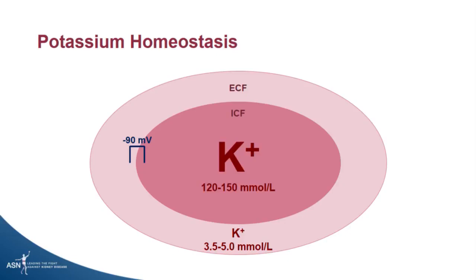And this concentration gradient between the intracellular and extracellular compartments, combined with the differential conductance for potassium relative to sodium across the cell membrane, is the major determinant of the electrical gradient across the cell membrane, which is so important for driving so many physiologic processes.